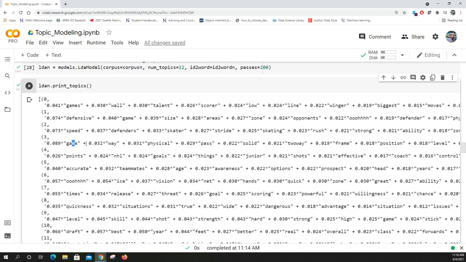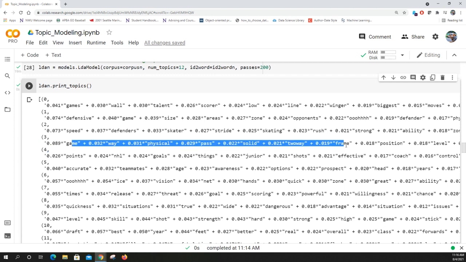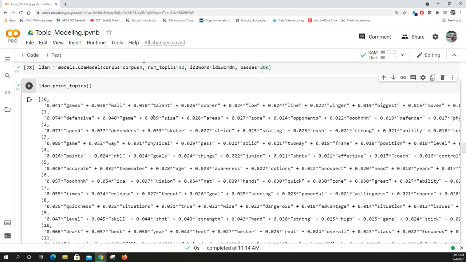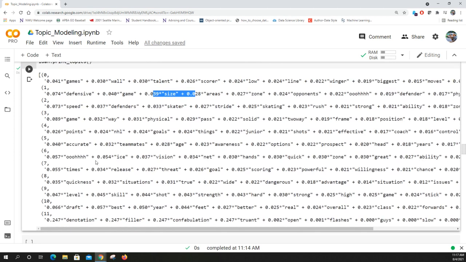So this seems to be talking about physicality, especially when you get into talking about the physical frame of a player. And then up here we've got size, that kind of thing. A lot of these, it is difficult to say what the common thread actually is. Accurate teammates, age, awareness options.